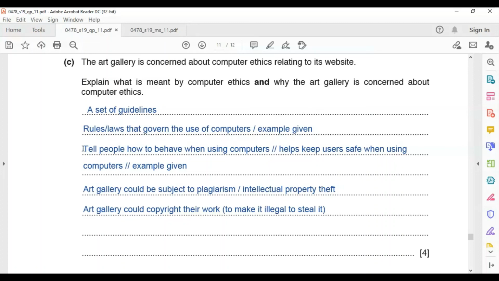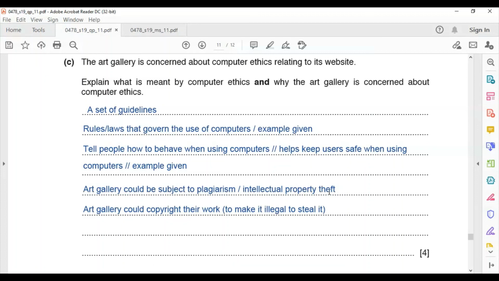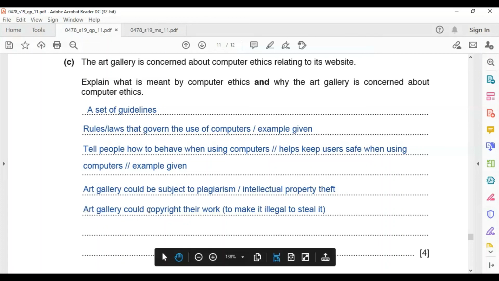It tells people how to behave when using computers, or helps keep users safe when using computers. The art gallery could be subject to plagiarism, intellectual property theft, when other people claim that work to be theirs. The art gallery could copyright the work, which is to make it illegal for others to steal it.